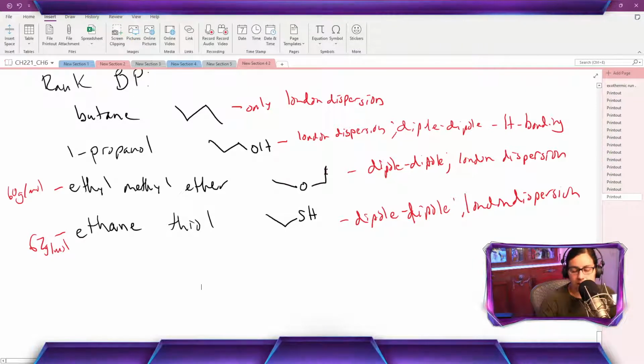The thing is, our oxygen is also more electronegative, so they're pretty close in molecular weight, so that doesn't help us too much. And so let's just start ordering them. So butane is going to be the lowest, so that's nonpolar. Then we're trying to compare ether versus thiol still. And since oxygen is just more electronegative, this seems to be the more polar one.